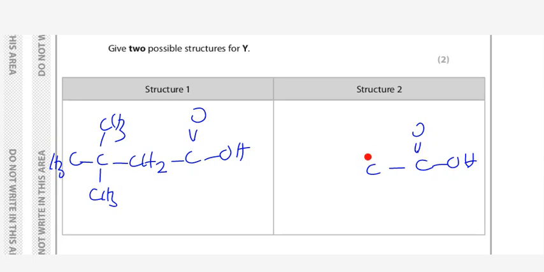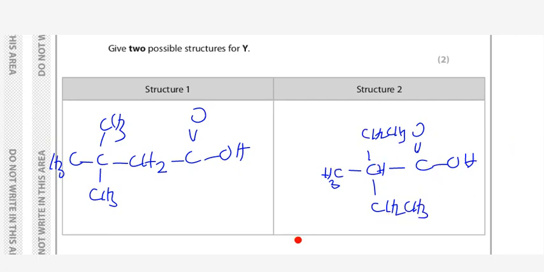Other than CH3, CH3, we can have a CH2, CH3 branch. Let's try this: 1, 2, 3, 4, 5.